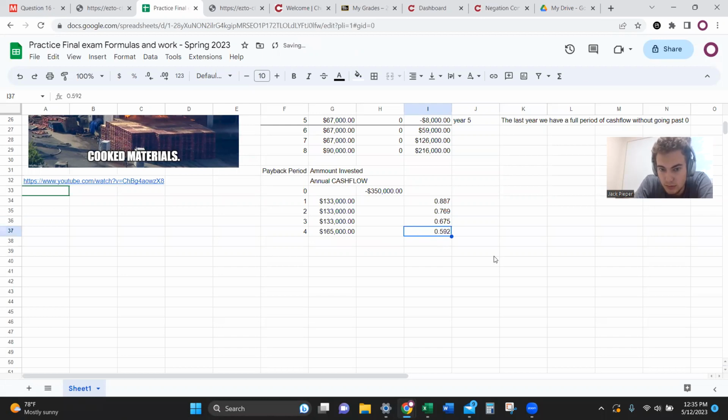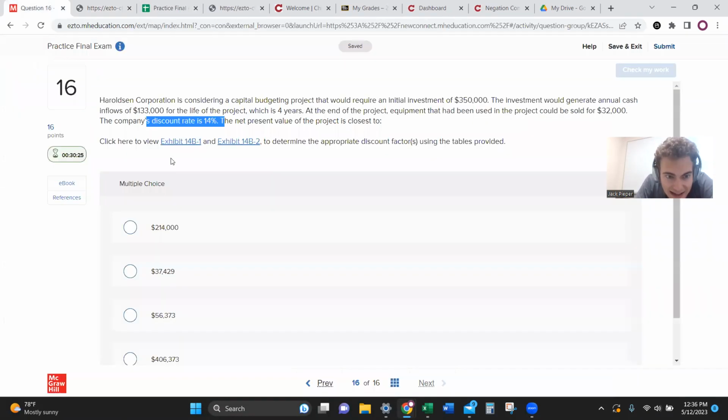Okay, so what I'm trying to stress here is that if I multiply this times this in year zero, we need to invest $97,680 in order to have 165,000 in year four at the company's discount rate.